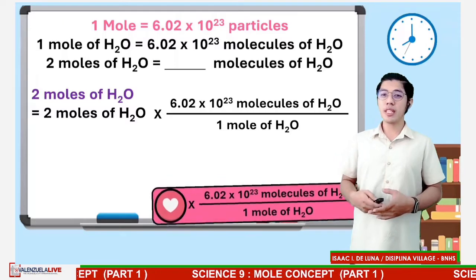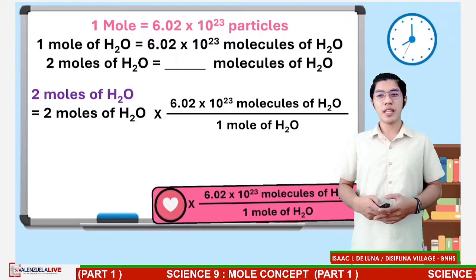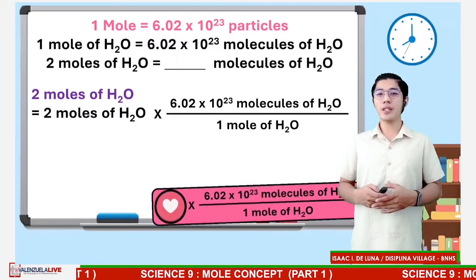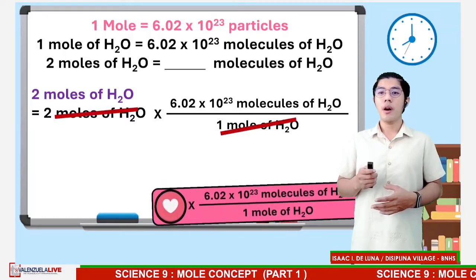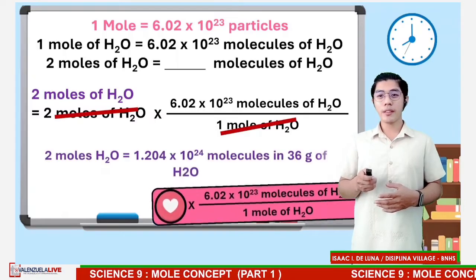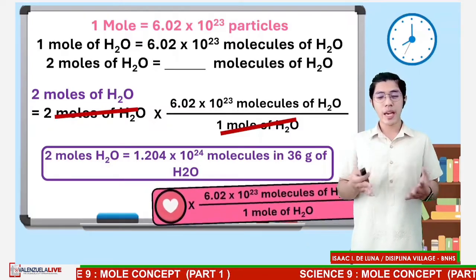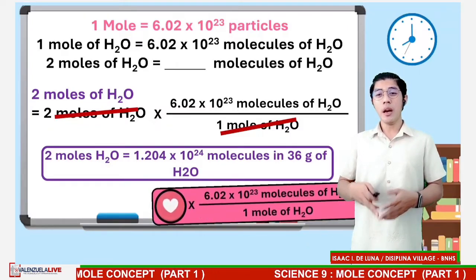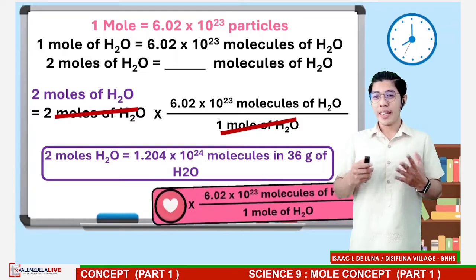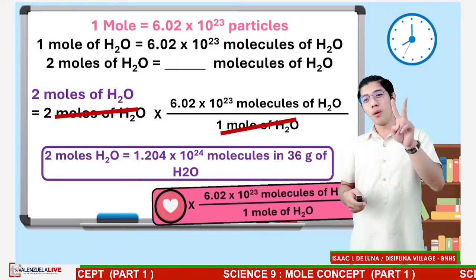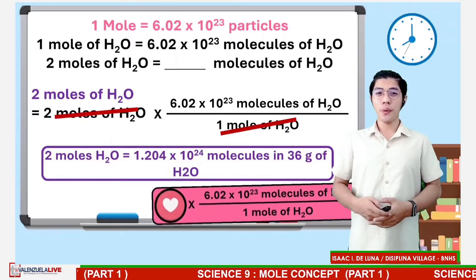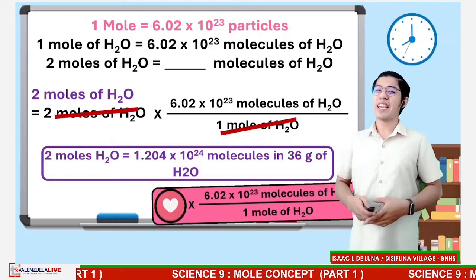Then, we will proceed to multiplication, and this will give us a value of 1.204 times 10 raised to the 24th power molecules of H2O for 2 moles of H2O. Good job, grade 9 learners.